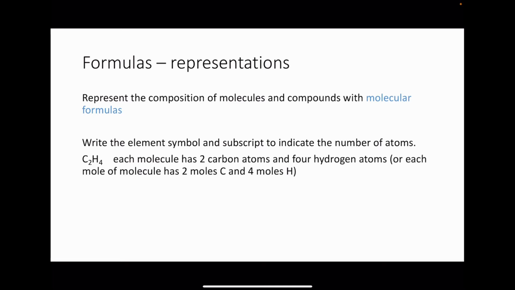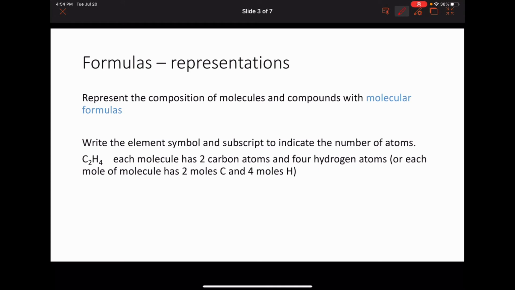And here's an example, C2H4, where each molecule has 2 carbon atoms, so we've got the 2 here, and then 4 hydrogen atoms. So you put the subscript to the right, 4, and that's what that means.